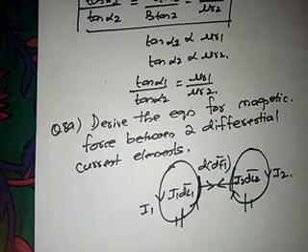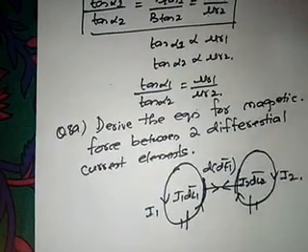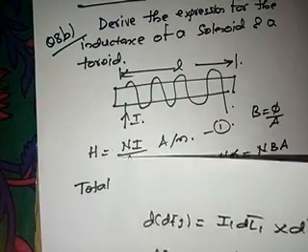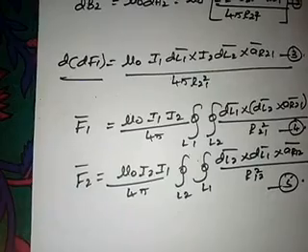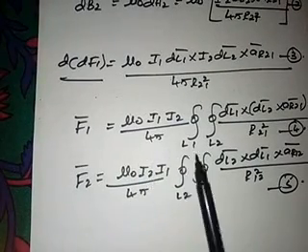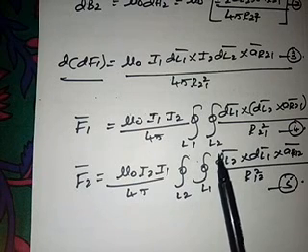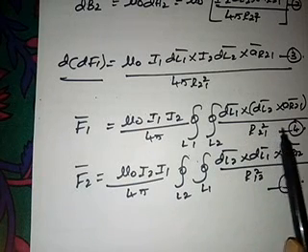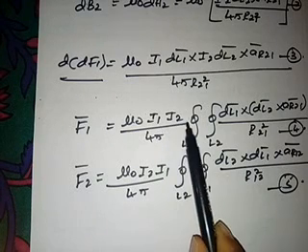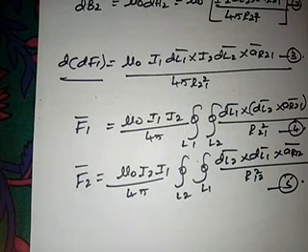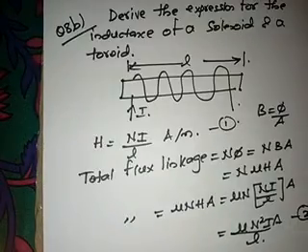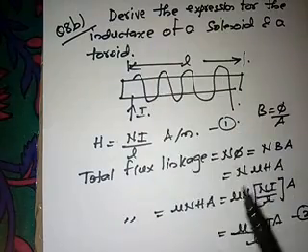Then we derived the equation for magnetic force between two differential current elements: F1 bar is equal to mu naught I1 I2 by 4 pi surface integral L1 surface integral L2 dl1 bar into dl2 bar into AR21 bar divided by R21 square. If we interchange 1 and 2, we get the equation for F2 bar, and we have shown that F1 bar is equal to minus F2 bar.